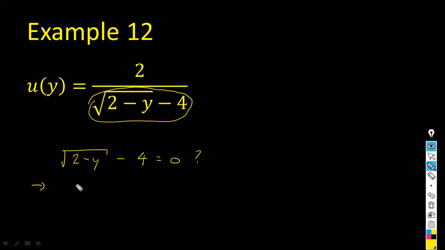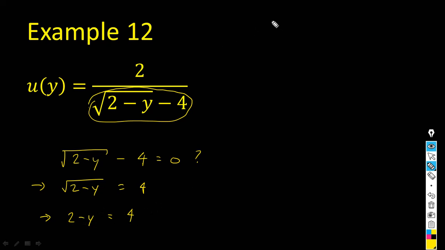And all I do is solve that equation. Let's solve that equation. We add 4 first, and then we square both sides. So when I square this, the square root is going to disappear, right? When I elevate this to the square, I'm going to get 2 minus y equals 4.